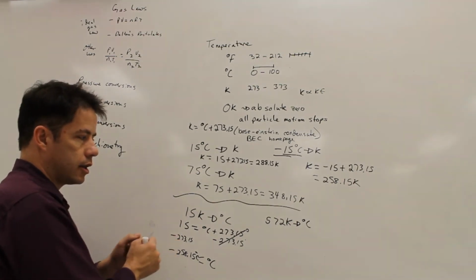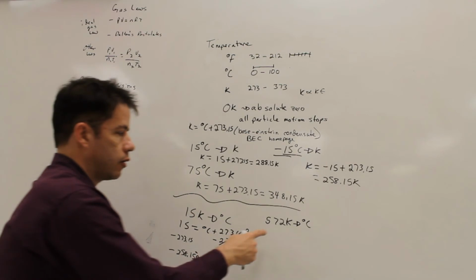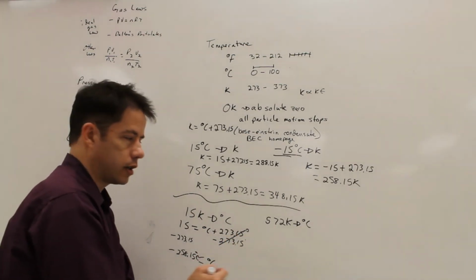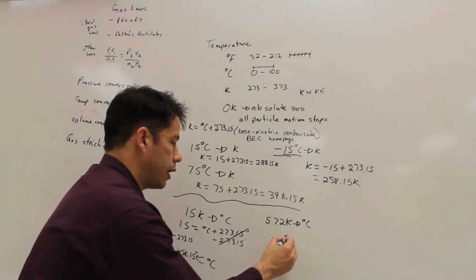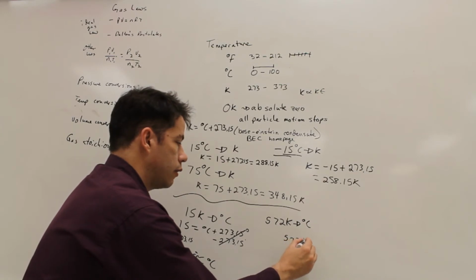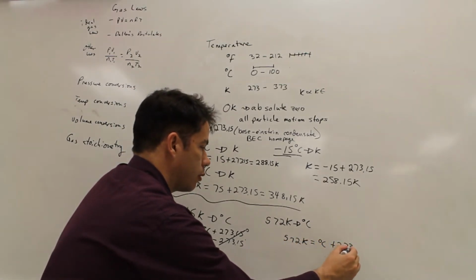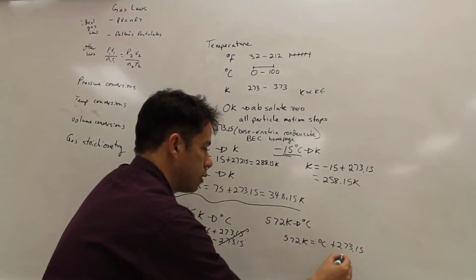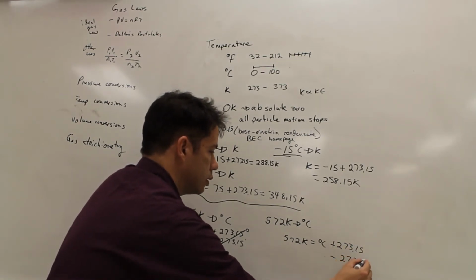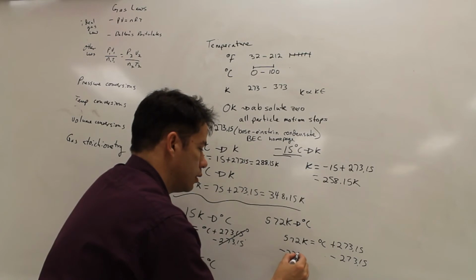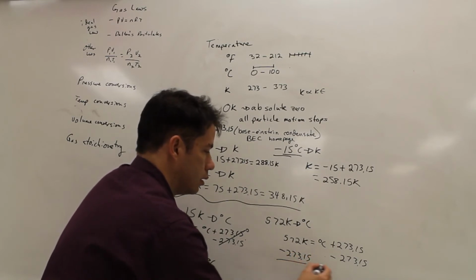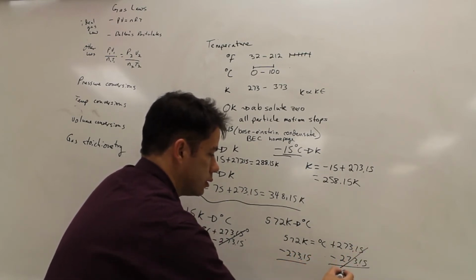Yes, you could go straight to this, but I'm going to tell you this can get confusing when the numbers start shifting on us. So let's follow the pattern. 572 Kelvin equals degrees Celsius plus 273.15. Subtract from both sides. That goes to 0.